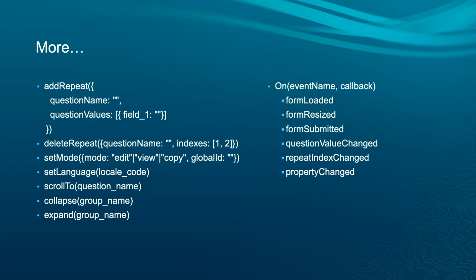Also, if your survey supports multiple languages, like English, Spanish, Chinese, Japanese, and you want to programmatically switch to a different language, you can use setLanguage. We also have a scroll tool, so you can jump or navigate to the specific question you want to show. Or we have collapse and expand, so you can collapse or expand the group question or batch question programmatically.